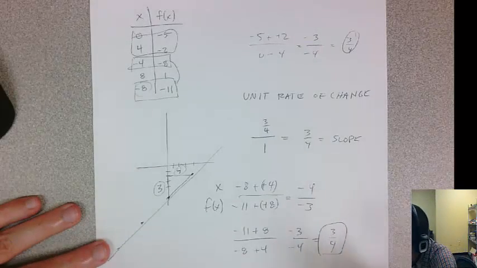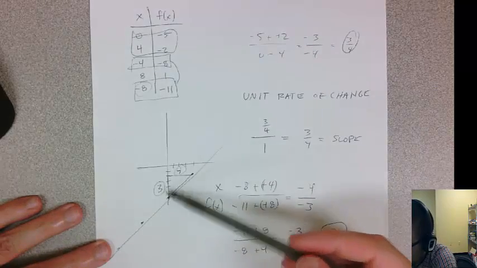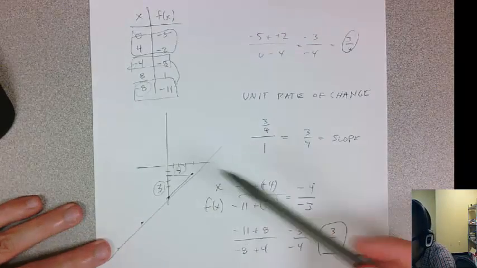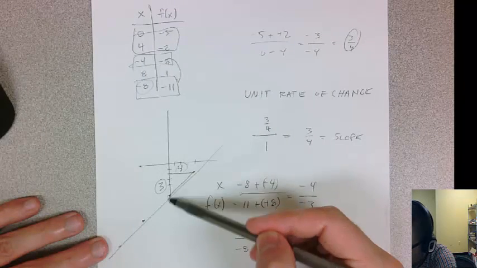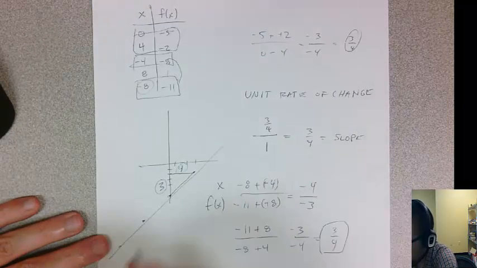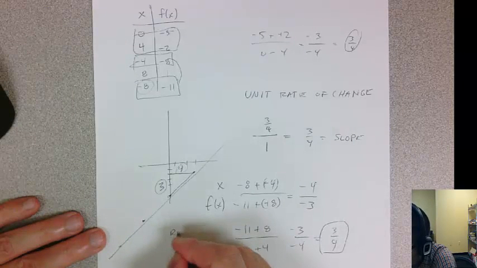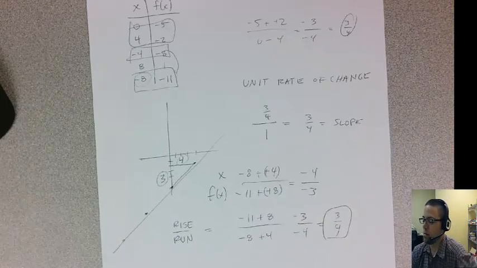You just find the comparison of the function value versus the input values. Or in the graphic sense, you can think of it as how does it change vertically over how does it change horizontally. And some people call that rise over run. Okay, so there's a lot of different ways to think about it, and there's just a few.